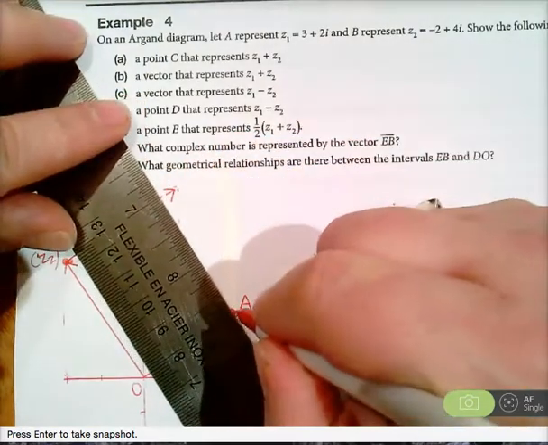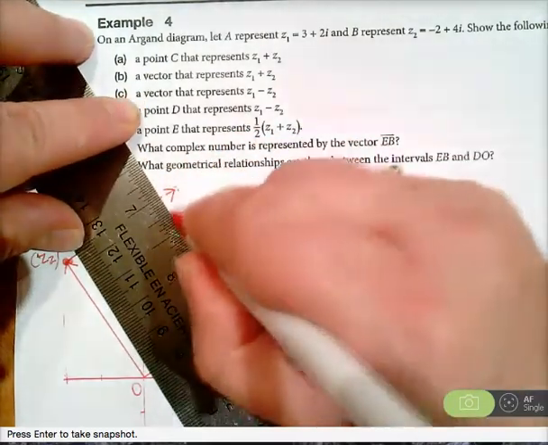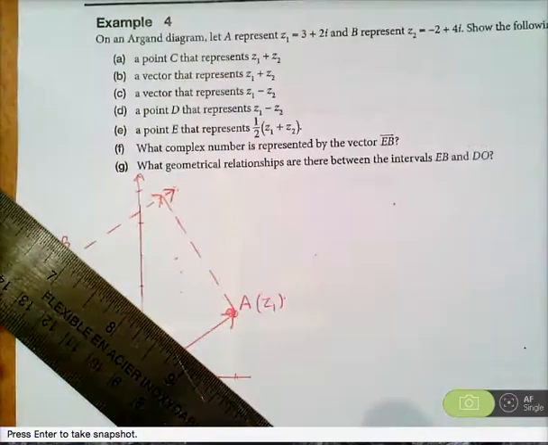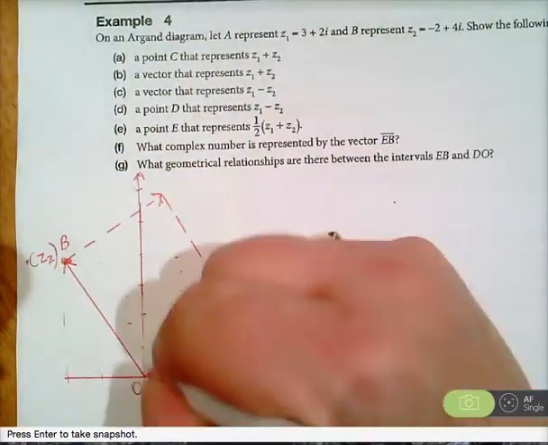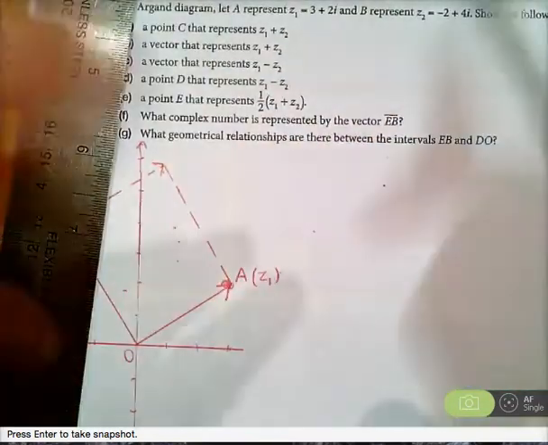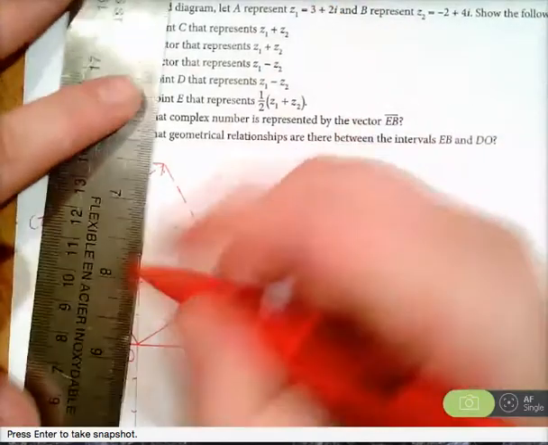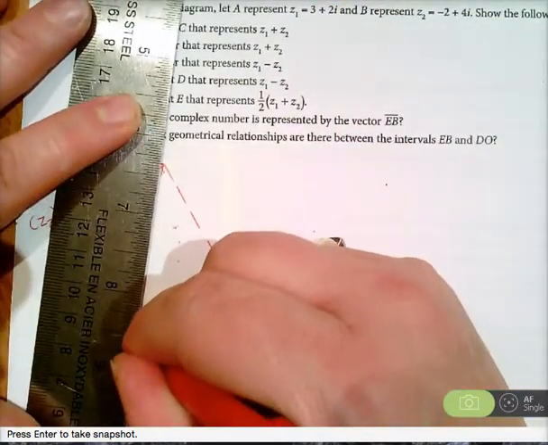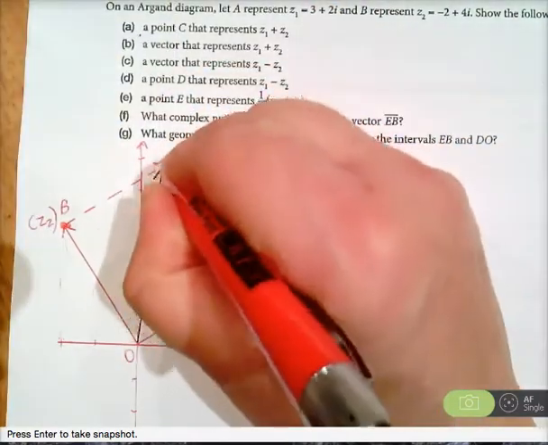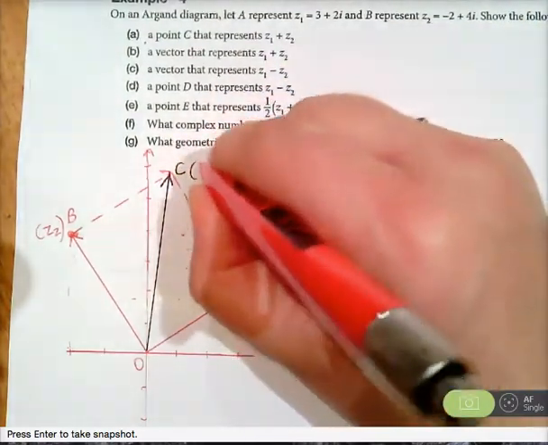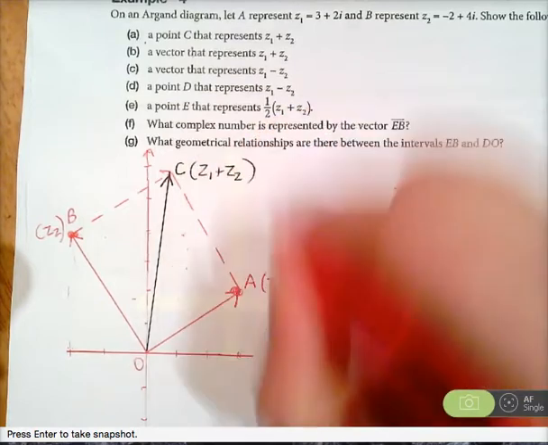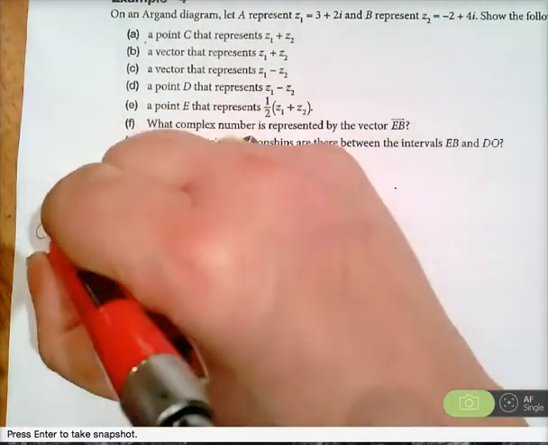So completing the parallelogram, if that's OA and that's OB, then this up through here is the vector OC, and the vector OC represents the point, so this point C represents Z1 plus Z2. Okay, so this is Z1, this is Z2, and this, by using that parallelogram method, is Z1 plus Z2.